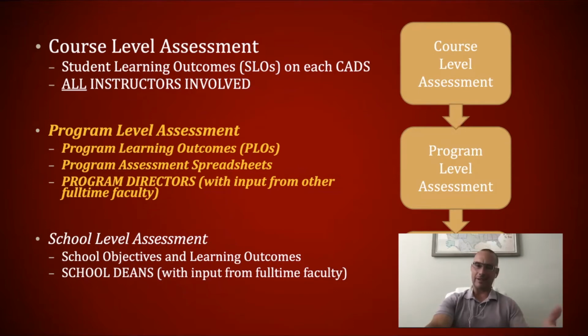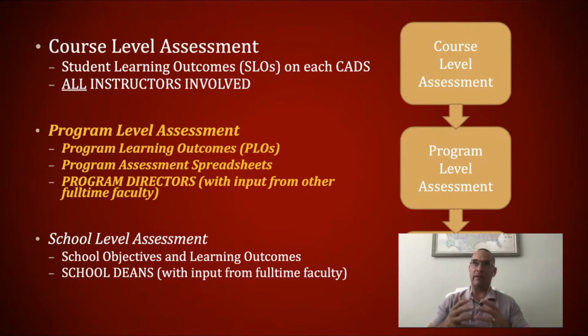And again, to reiterate, it's the program director, the PD, that really heads that up in coordination with all of the full-time, and I'd probably add the adjunct faculty within those programs. So the program director is going to coordinate with the full-time faculty and the adjuncts.